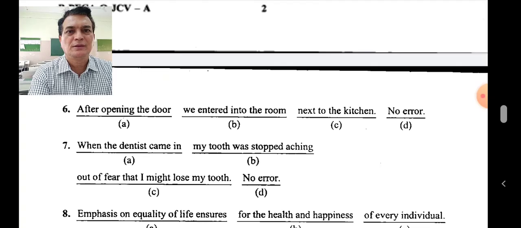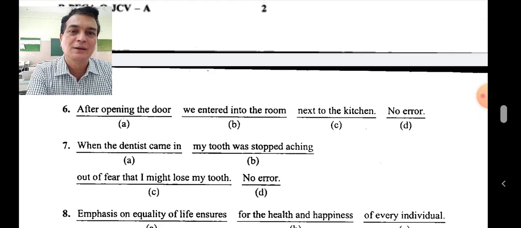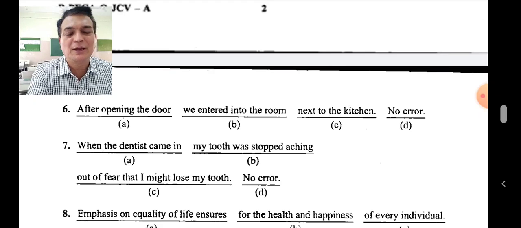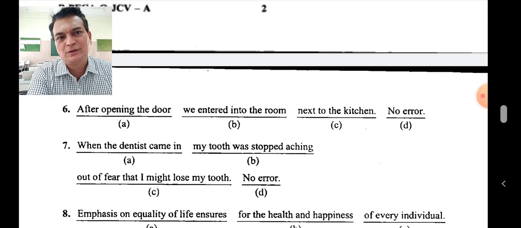Sixth and seventh. After opening the door, we entered into the room next to the kitchen. No error. Seventh one. When the dentist came in, my tooth was stopped aching out of fear that I might lose my tooth.